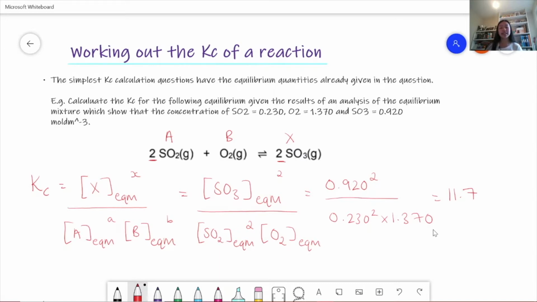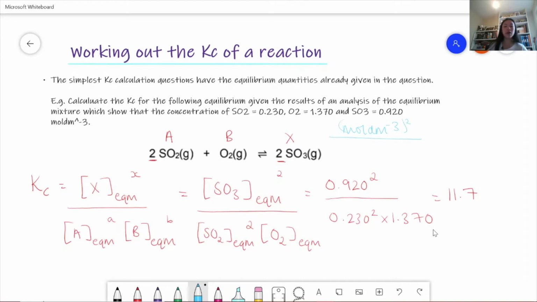Now the thing with Kc is that the units of it change depending on the reaction. So the way we work out the units is that we use the formula that we have here, but we cancel out some of the units. For this example, on the top we have a concentration squared, so we have moles per decimeters cubed squared.